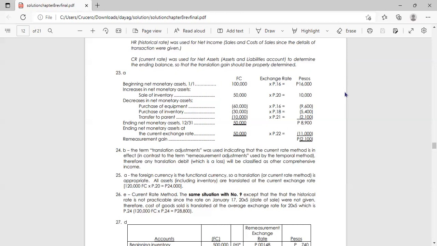That's 0.20. While in number 26, what figure would have been reported for cost of goods sold on the consolidated income statement on December 31, 20x5? So number 26, we use the current rate method, the same as with the situation with number 9, except that the historical rate is not practicable since the rate on January 17, 20x5, the date of sale, was not given.